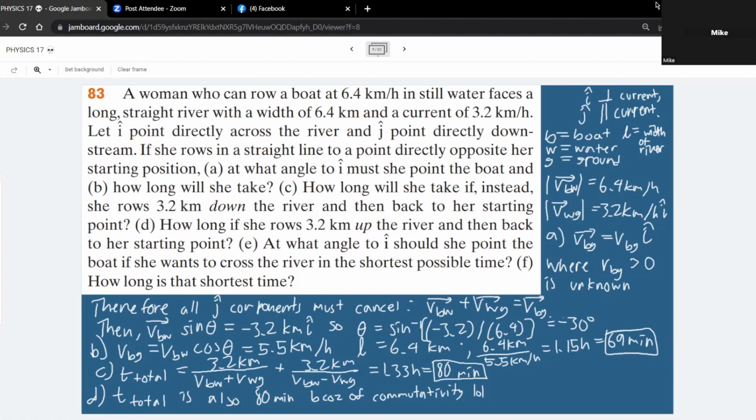It should be V sub B minus V sub W. So V sub BW is equal to V sub B minus V sub W.